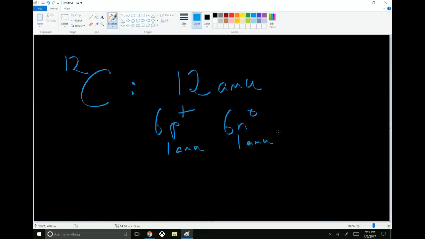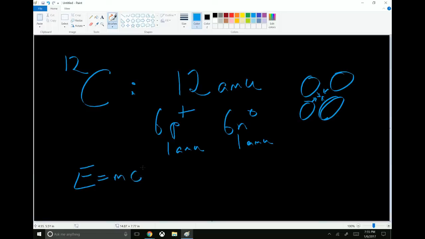But when you get individual protons or individual neutrons and look at them, then you get something strange happening. You have all this energy being used to hold the nucleus together. That energy has to come from somewhere. And Einstein figured out where. E equals mc squared tells us that mass is energy.